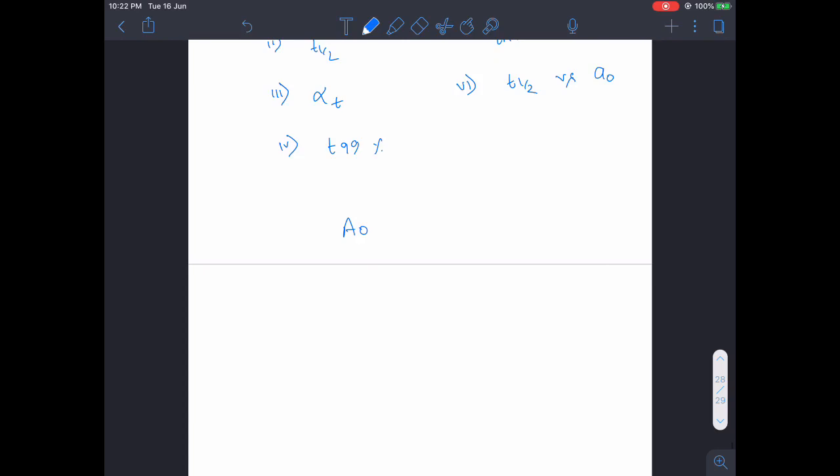So, we have A0, we have A which is changing into P, initial concentration is A0. Now, at general time T, if x mole of A is consumed, x mole of P will form. Then at general time T, A will be A0 minus x and P will be simply x.